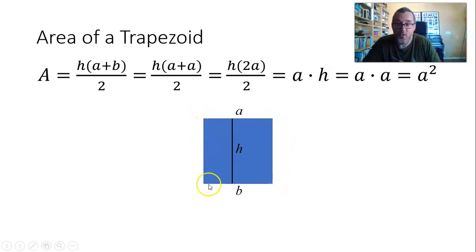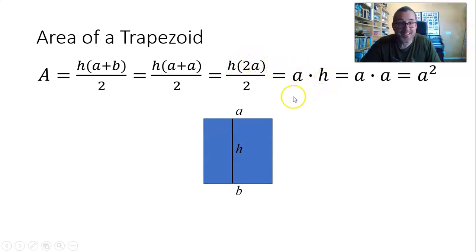Actually, all four are the same length because it's a square, but let's just focus on the two that matter in this formula. A plus b could be expressed as a plus a, since a and b are the same thing. A plus a is 2a. 2 divided by 2 is 1. So it's h times 1 times a, or just h times a, or a times h.